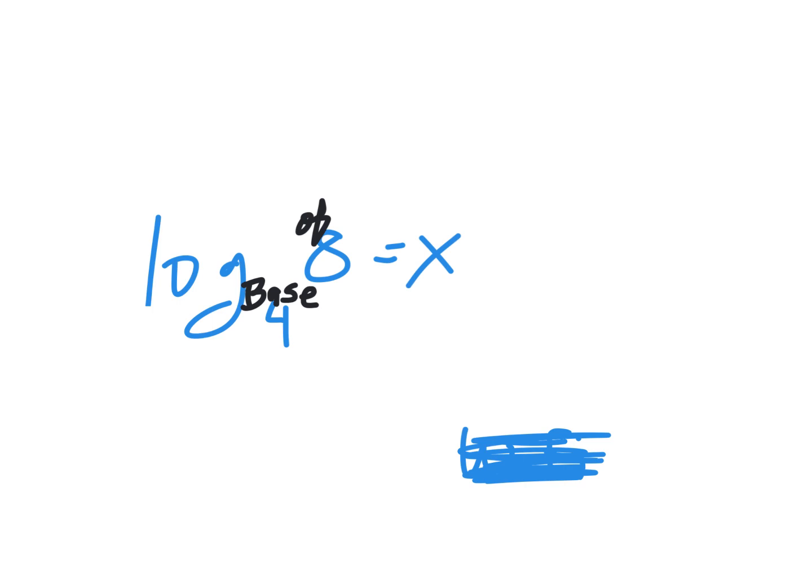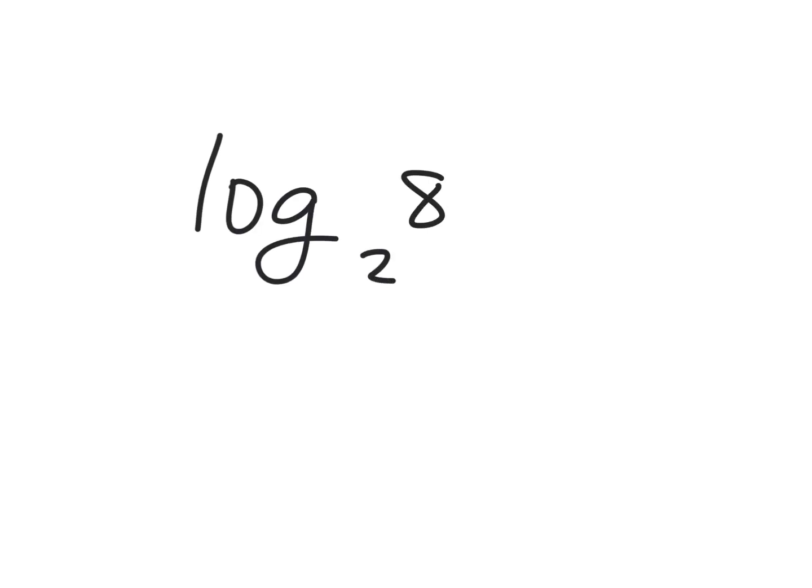That's skill number 3. Number 1 was just knowing what to do to change a log into an exponent. And here comes the last thing, and you just have to get good at it. And that's knowing that if I could make the bases the same, then I'll know the answer. That's the base. This also could be a base because, if nothing else, everything has a power of 1.